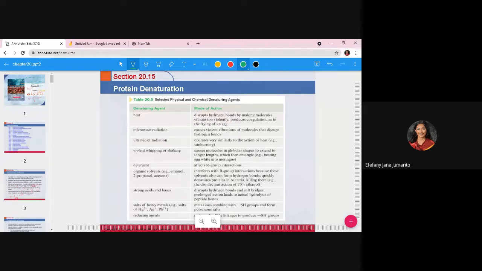So that's it. Your protein is just a condensation reaction of amino acids. When you form a polypeptide, there will be a lot of amino acids. So that's all for today, and that's all for proteins.